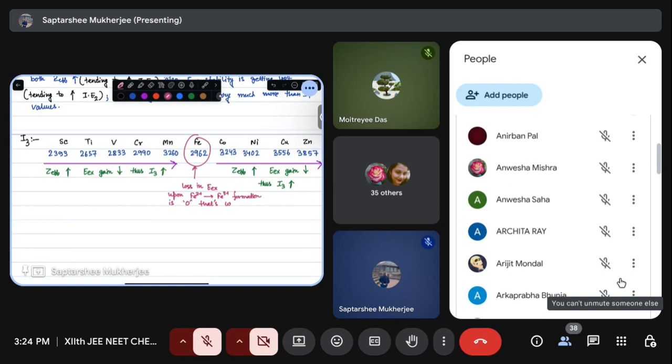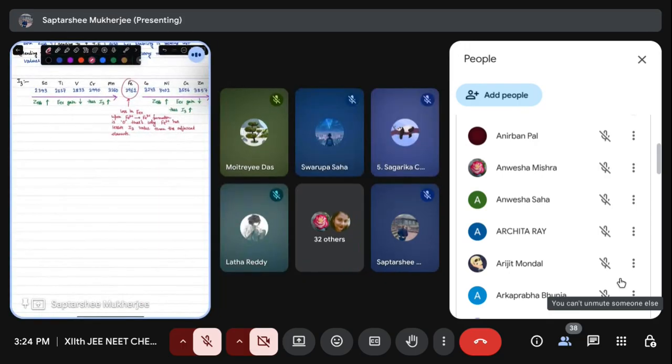That's why Fe plus 2 has lesser I3 value than the adjacent elements. Tell me, till here are we clear or not?